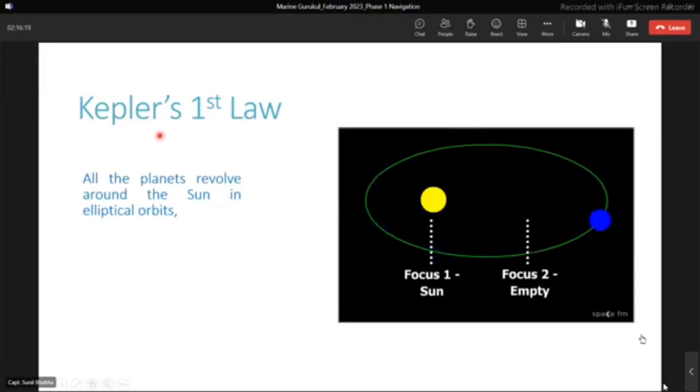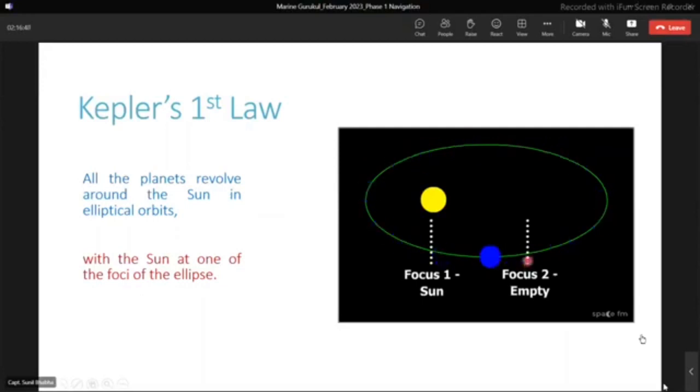They are actually elliptical. Now, just as a circle has one center, the ellipse, on the other hand, has 2 reference points, and these reference points are known as focus. So it has focus 1 and focus 2. In plural, it is known as foci. So all the planets revolve around the sun in elliptical orbits.